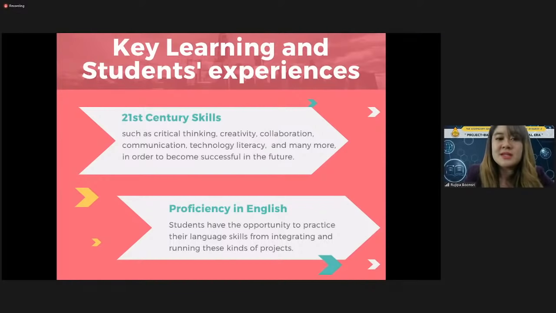The second one is proficiency in English. Of course, we all know how important it is nowadays for everyone to be able to communicate well in English. Not only learning English in the classroom, we can see that students also have the opportunity to practice their language skills from integrating and running these kinds of projects.